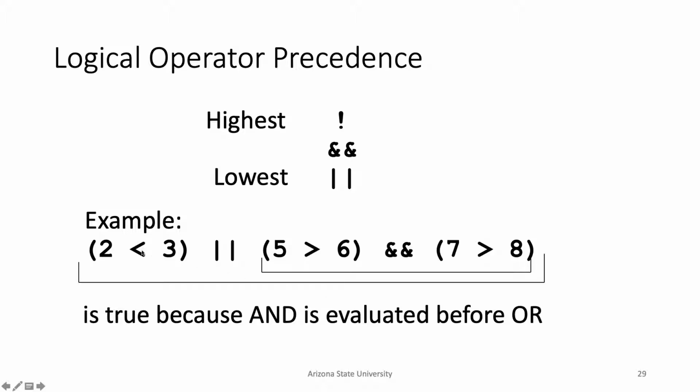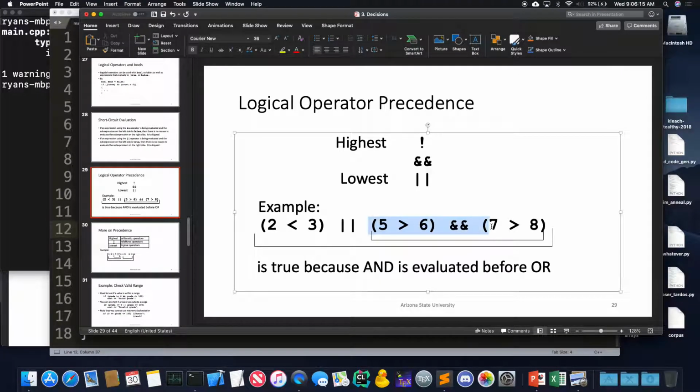Good. So we have 2 less than 3 or false. So basically what happens is this part gets substituted with false right now. So are there any other ands in the expression? No. So now we're back to the lowest precedence.